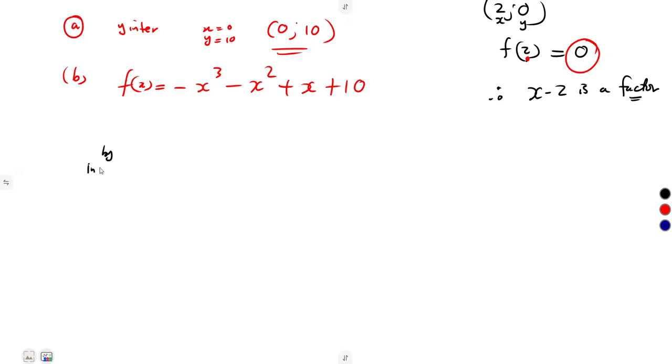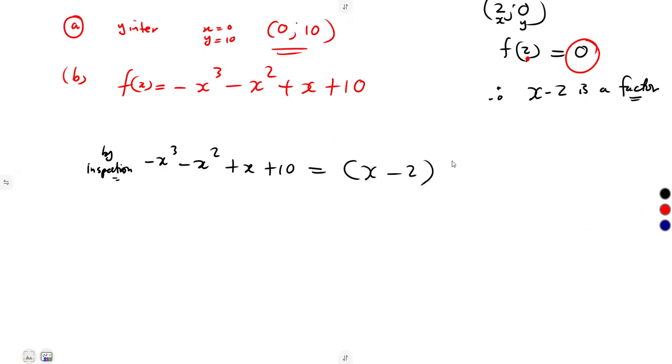So by the inspection method from our algebra, I'm going to take this f of x, minus x cubed minus x squared plus x plus 10, and factorize it, since I have the first factor, equal to the linear factor of x minus 2.